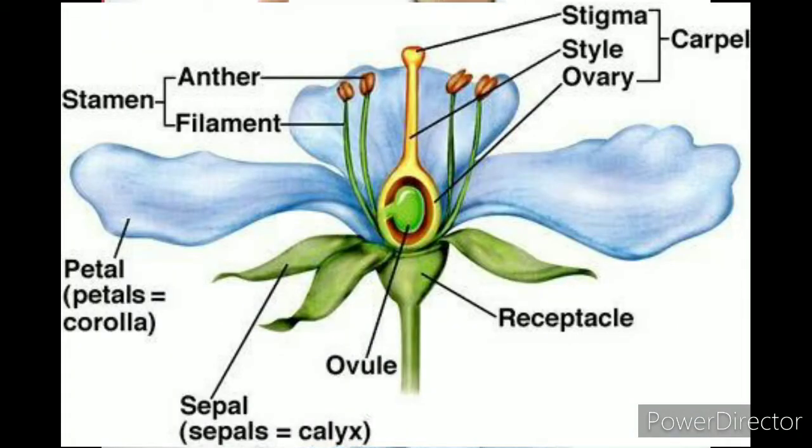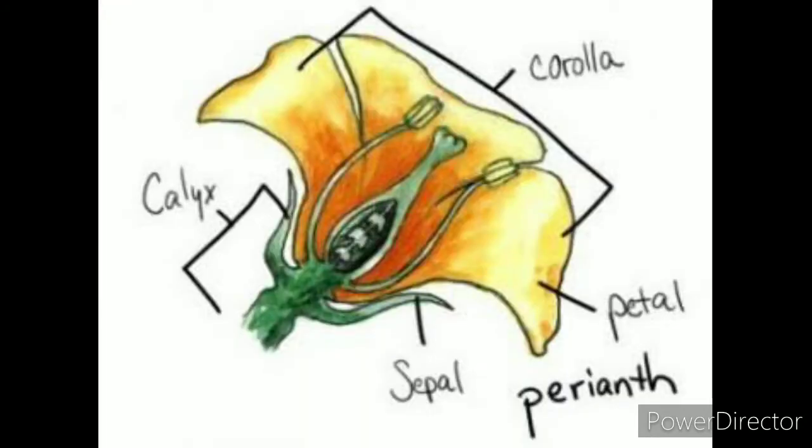When you look at this diagram of a flower, you see that there is a considerable variation in size, shape, and color. The flower is considered a compressed shoot in which sepals, petals, stamens, and carpels are successive lateral organs. It is meant for sexual reproduction.